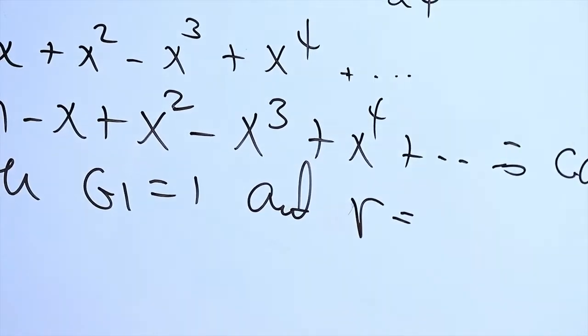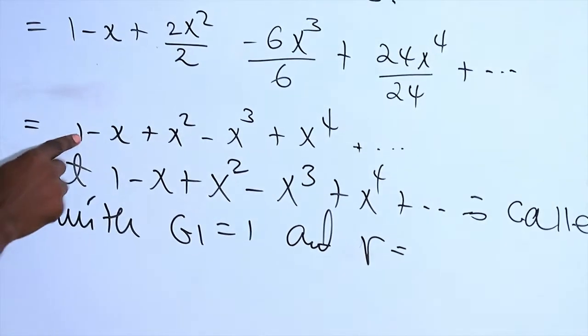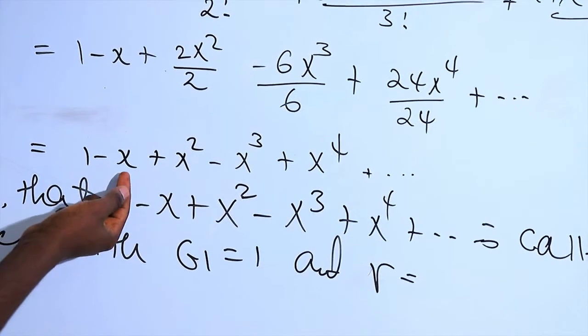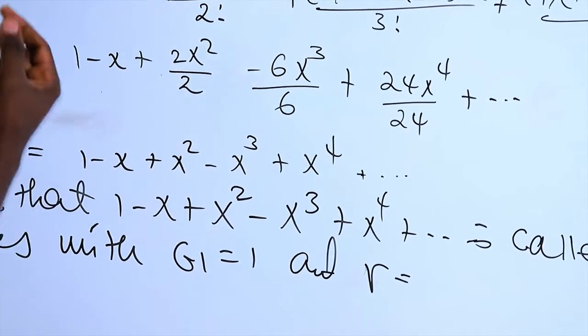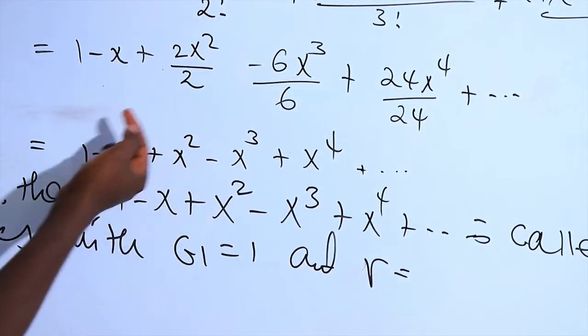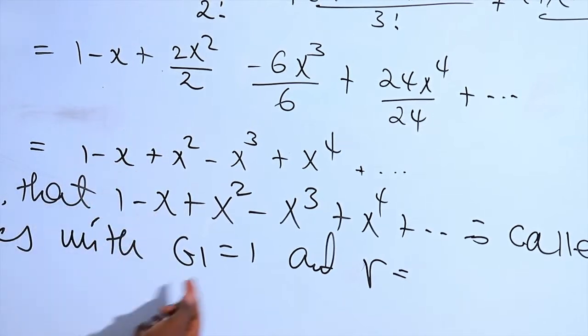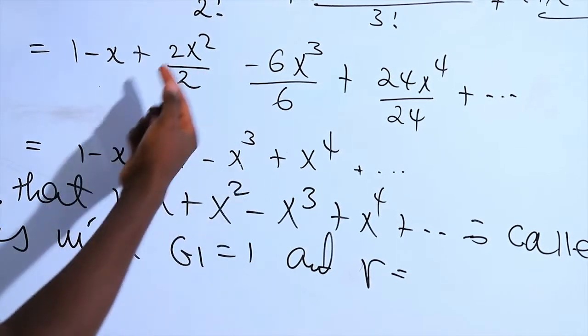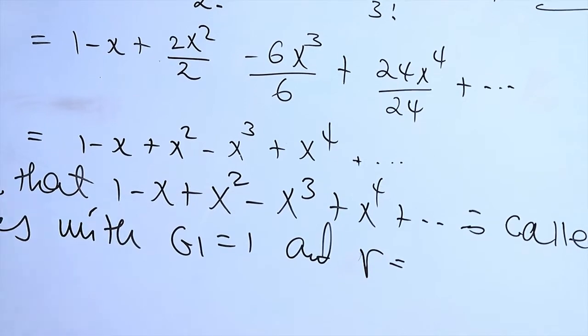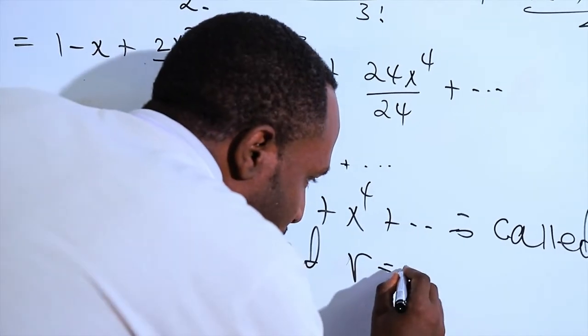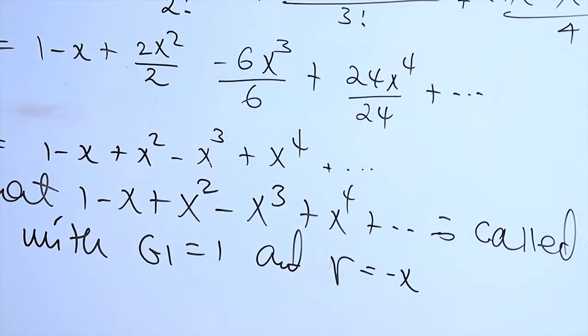The first term is 1, the second term is minus x, so minus x divided by 1 is negative x; x squared divided by minus x is negative x; minus x cubed divided by x squared is minus x. Therefore the common ratio r is minus x.